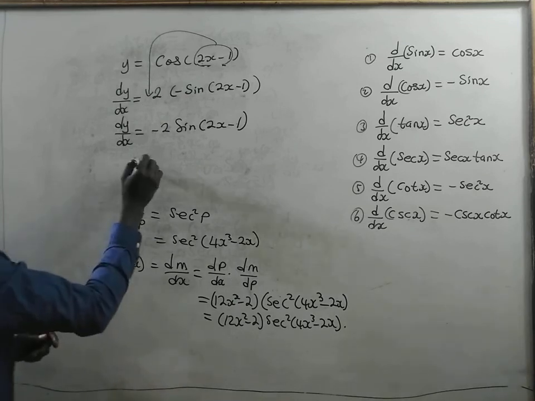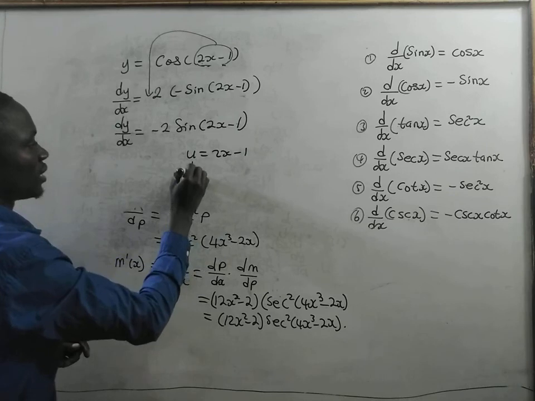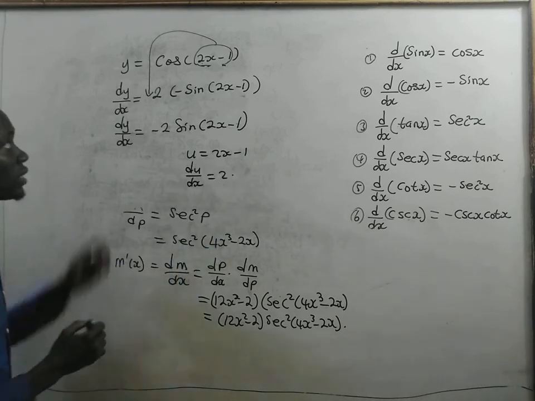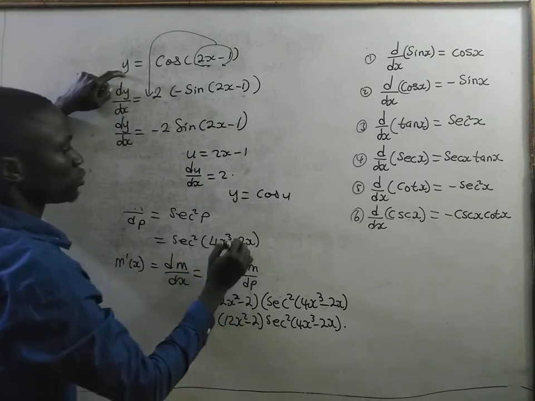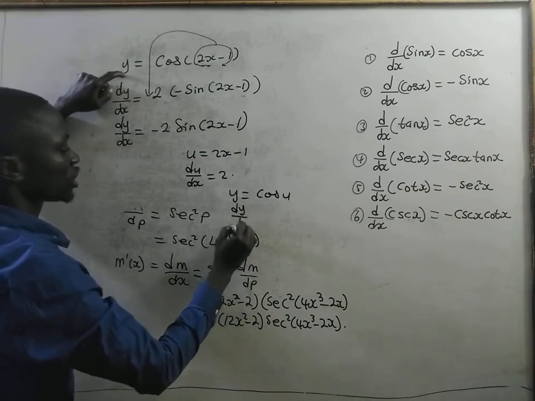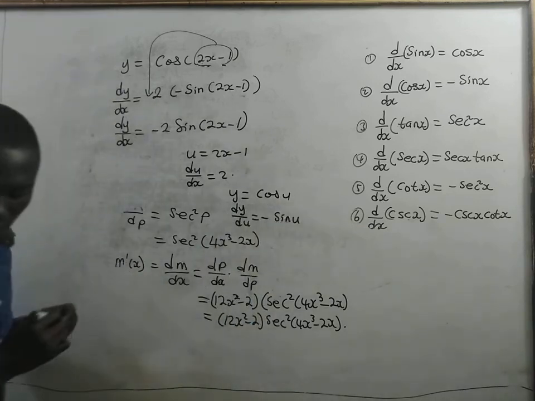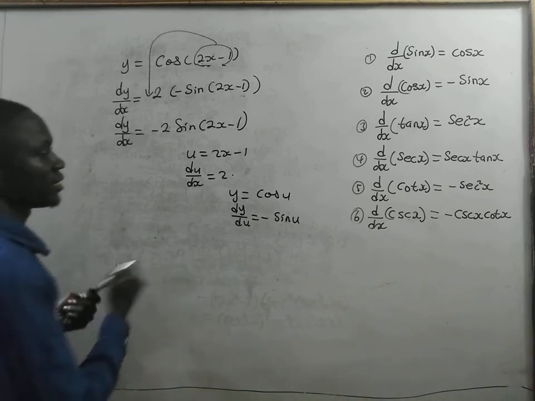Let's go through it. So let's say that we take u equal to 2x minus 1. The derivative of u with respect to x is equal to 2. This implies that we have y equal to cosine of u. The derivative of y with respect to u is equal to negative sine u. And what is u?